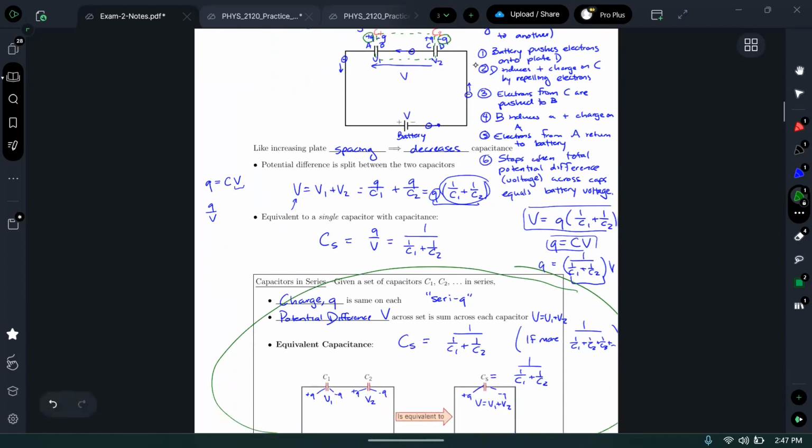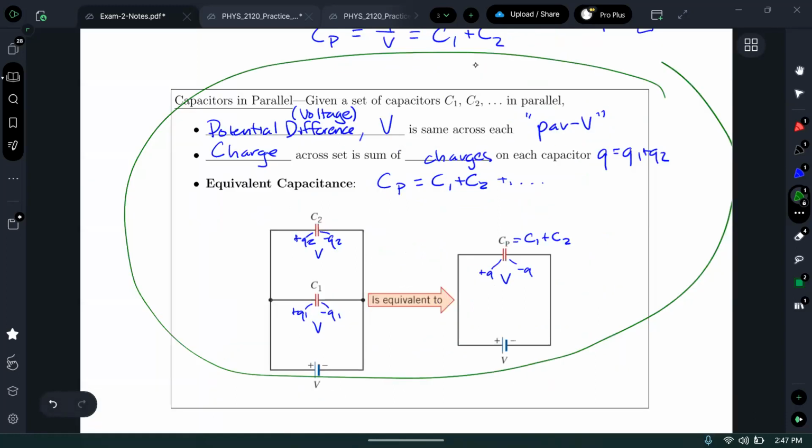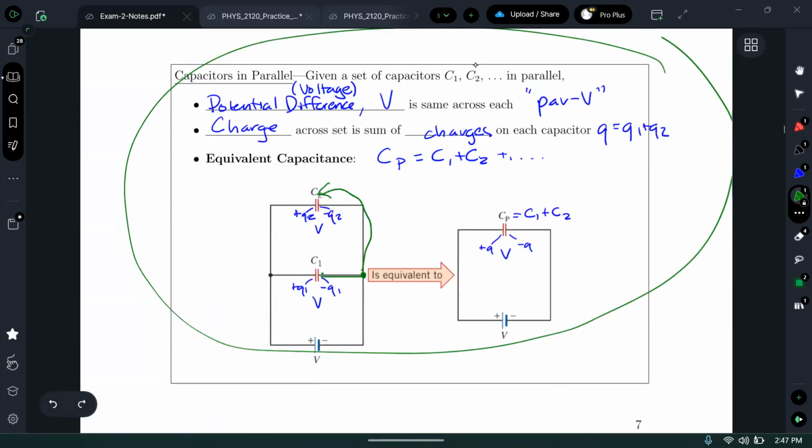If I go to something where it's definitely not series, like this parallel one, the reason I know it's not series is because from this C1, I can get to C2 by going around, or I have this other path, or I could go through this branch. I've got a lot of different ways that I can get from C1 to C2, and that means charge has a lot of different ways it can get from one to the other.